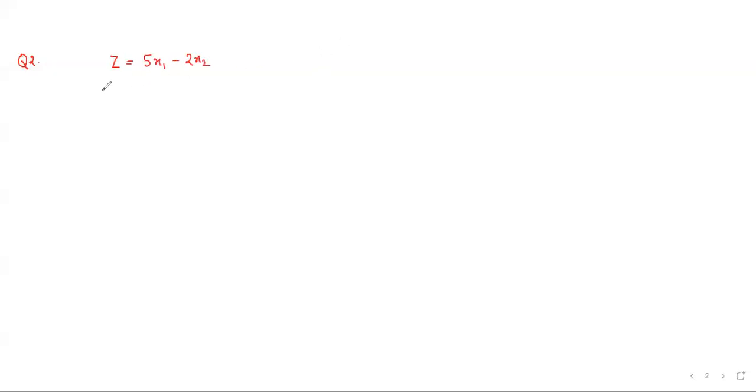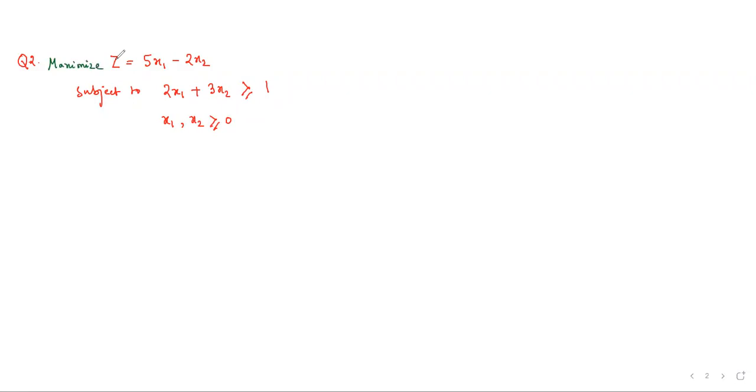This remains same. It is subject to the constraints 2x1 plus 3x2 greater than or equal to 1, x1 comma x2 greater than or equal to 0. But here I am writing maximize z.